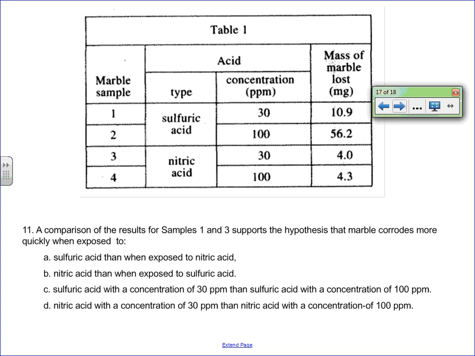Last but not least, a comparison of the results from sample 1 and sample 3 supports the hypothesis that marble corrodes more quickly when exposed to which one of these answers? A. It erodes more quickly when exposed to sulfuric acid than nitric acid. How do you get that?